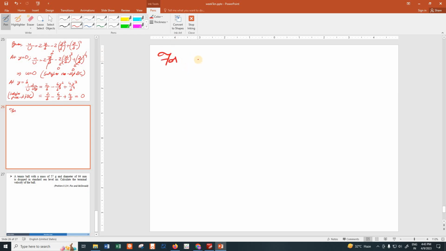Now for displacement thickness, it can be written as the integral from 0 to infinity of 1 minus u by U infinity with respect to dy.